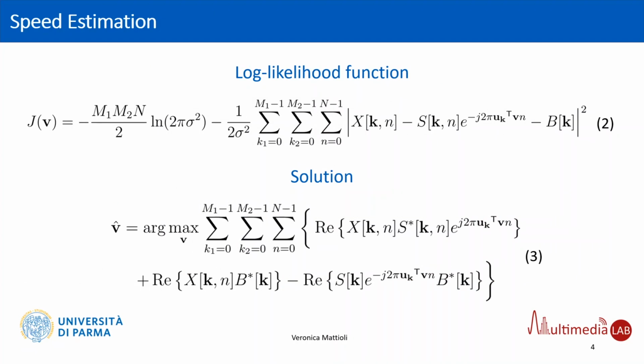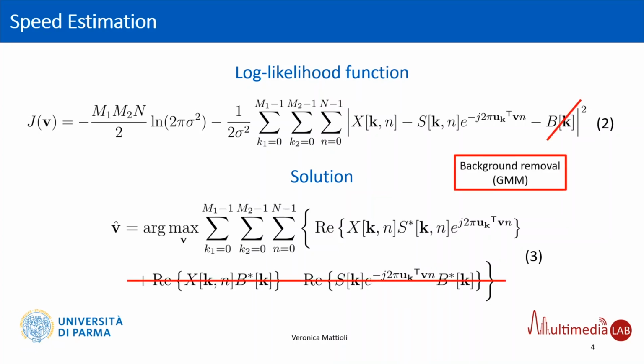The result of the maximization process is written immediately after in expression 3, which represents the estimator of the speed vector v. For further simplification, we also apply the background removal technique, namely the Gaussian mixture model, and this allows to neglect all the background-related terms.